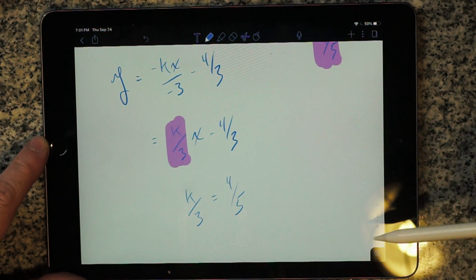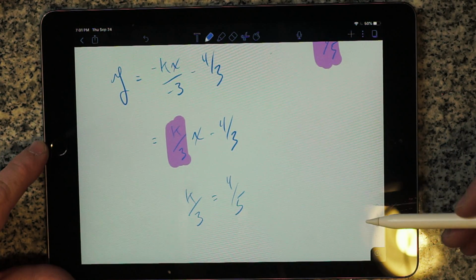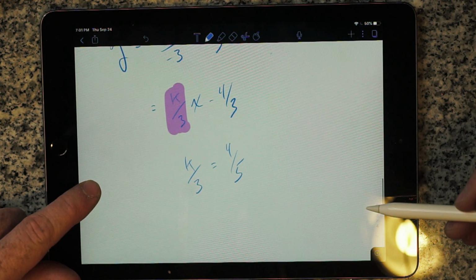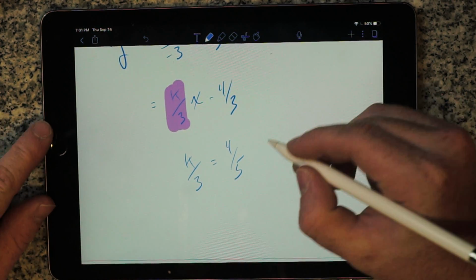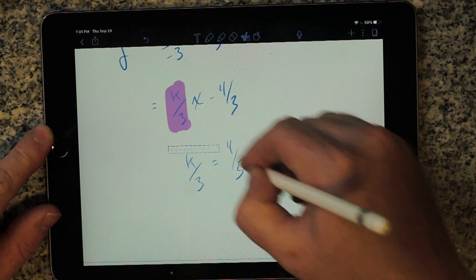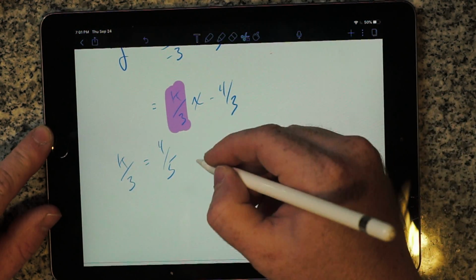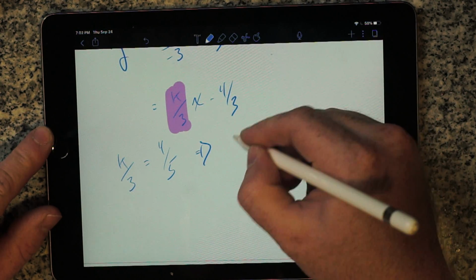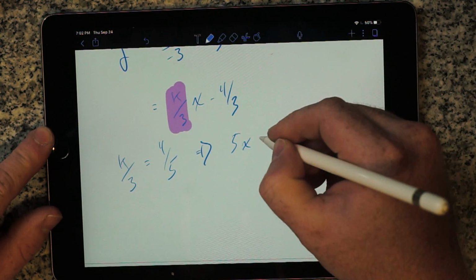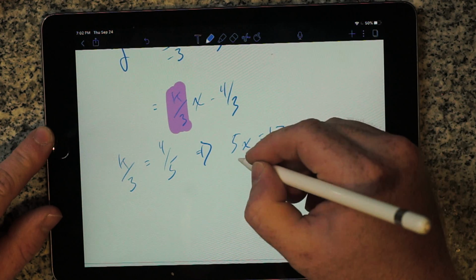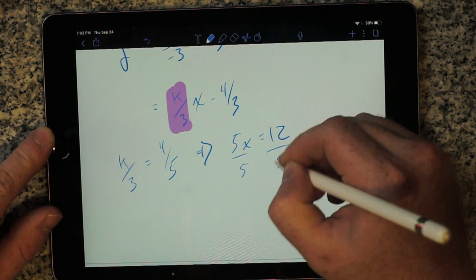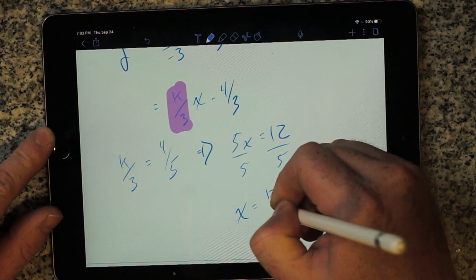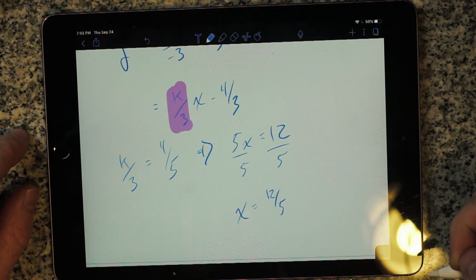And then that should give us a value of k that makes this work out. Yes. Okay, so then we can cross multiply. So we get 5k equals 12, and then we can divide each side by 5, and k equals 12 over 5.